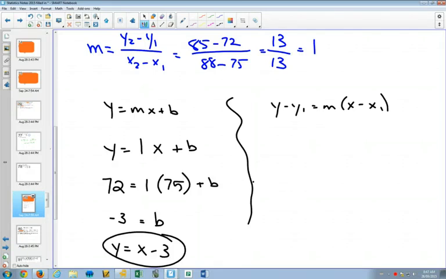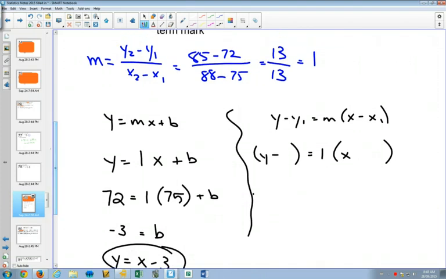If I was using the other formula, again, we know our slope. The y1 and the x1 is just any point. So if we use our mean point here, we would have y minus 72, and x minus 75. Then add 72 to both sides.